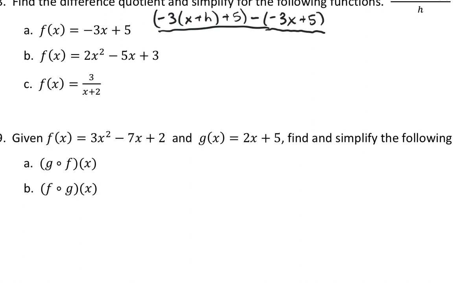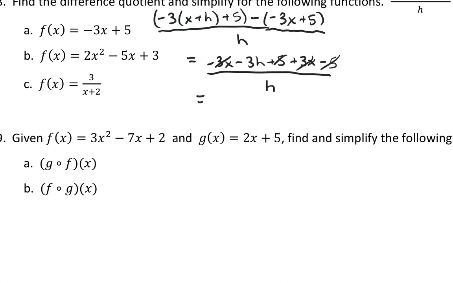This is all divided by h, and this is equal to negative 3x minus 3h plus 5 plus 3x minus 5 over h. You'll see a few terms will cancel here. This will leave us with negative 3h over h, which is just negative 3.